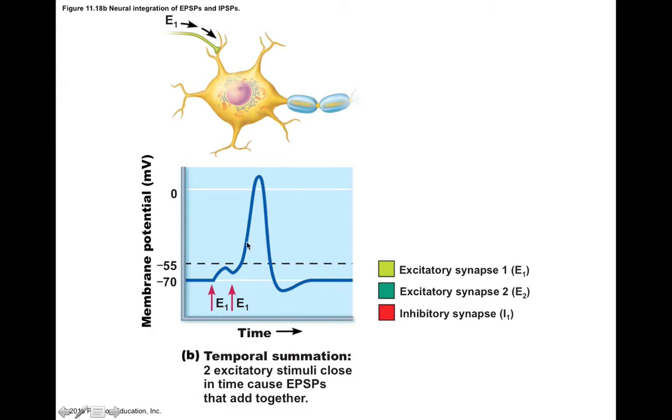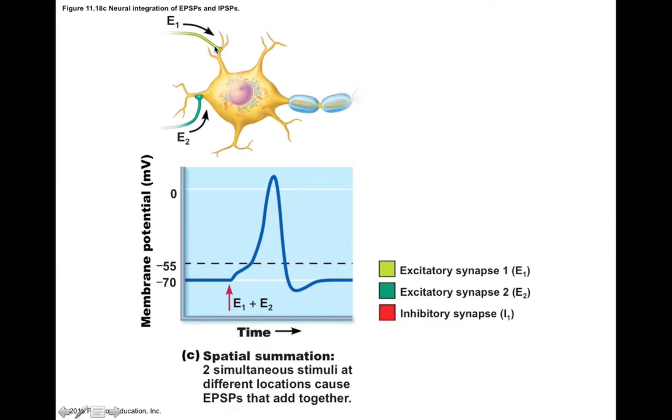Then you get the depolarization phase and the repolarization phase of the action potential, and that's going to spread throughout the axon. Now this is an example of temporal summation because it occurs at one synapse. Spatial summation would occur at many synapses, like where we have an EPSP from one synapse add together with an EPSP of another, and because they add together, they can get you to action potential threshold, which then generates your action potential.